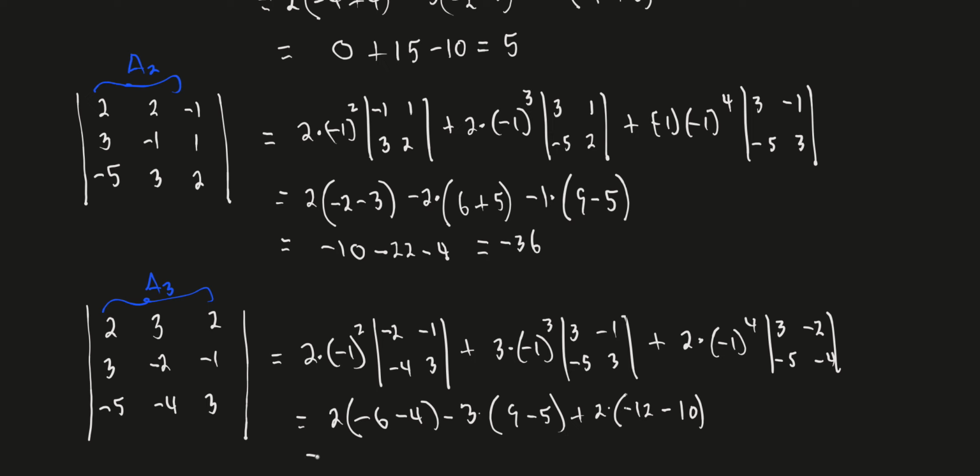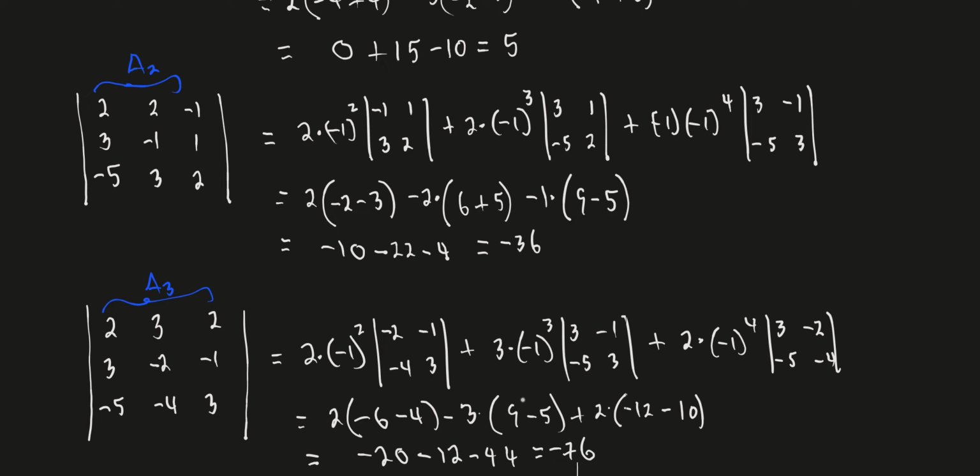All right, so what does that come out to be? So we got negative 10 times 2, so that's negative 20. 9 minus 5, that's 4, times negative 3, so that's negative 12. And then we have negative 22 times 2, so that's negative 44, for a negative 76. Negative 76. All right.